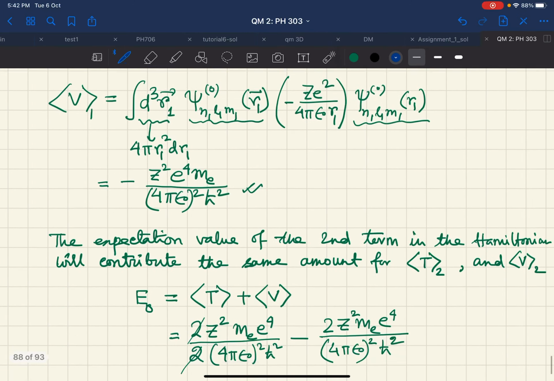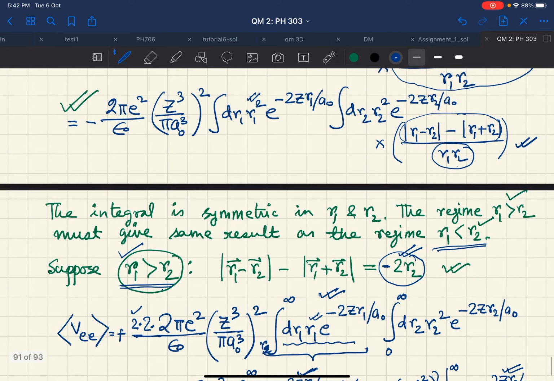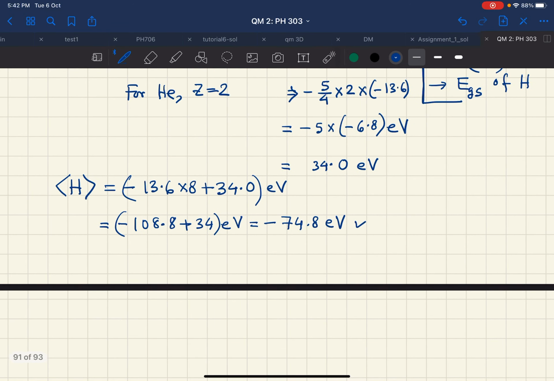To our surprise, we figured out that we have obtained a result which is minus 74.8 electron volts. The experimental value, recall, I have just said in the previous few pages, is minus 78.6 electron volt. So of course, if you compare these two, this minus 74.8 electron volts is far better than minus 108.8 electron volts, which we obtained by neglecting the electron-electron interaction term.